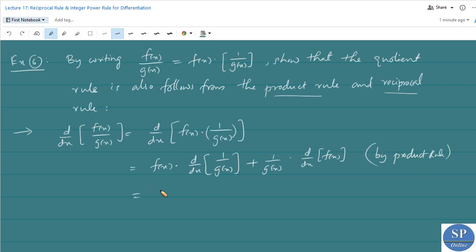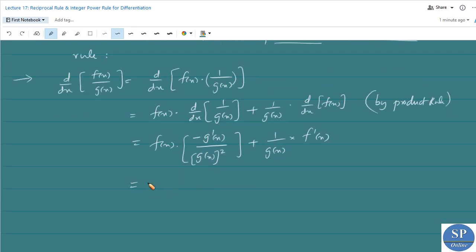Now this is equal to f of x into, here we have to find the derivative of 1 by g of x. This can be done by using the reciprocal rule, that is d by dx of 1 by g of x is nothing but, by reciprocal rule, minus g dash of x divided by g of x whole square, plus 1 by g of x into d by dx of f of x, which is f dash of x. So taking the LCM of these two terms, the LCM is nothing but g of x whole square.